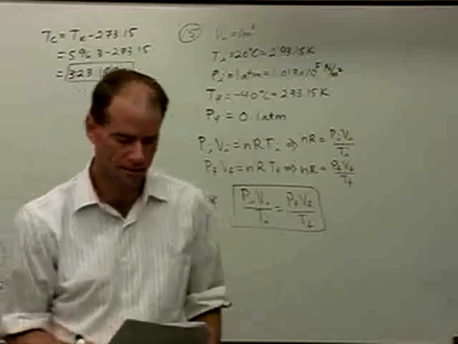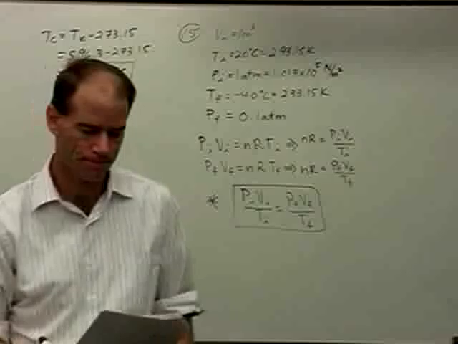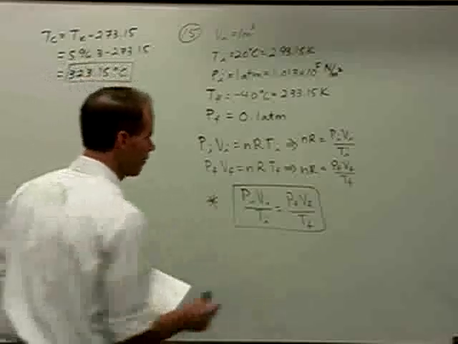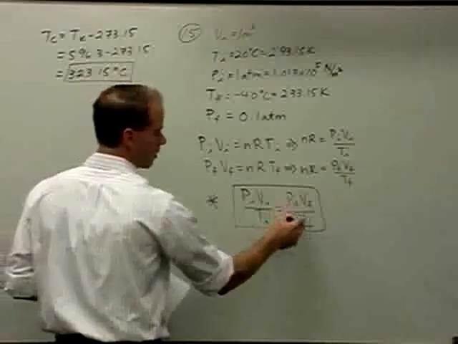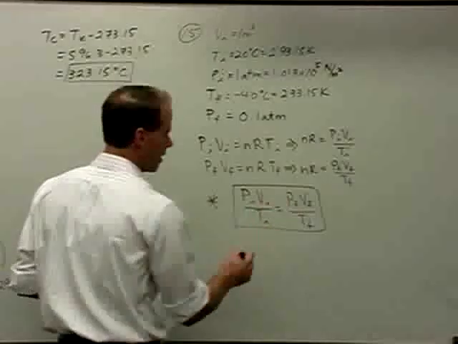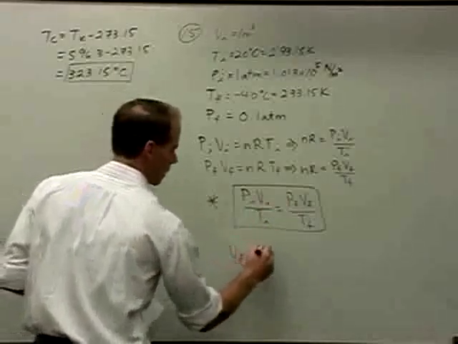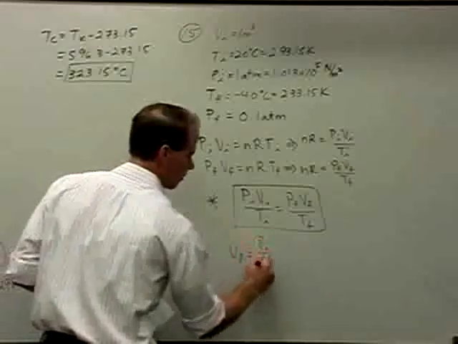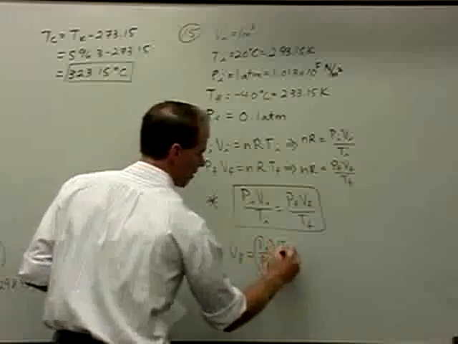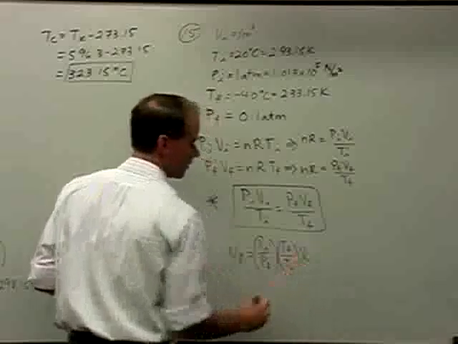So in this case, we want to find the final volume. Let's solve this for the final volume. Let's multiply both sides by T final and divide both sides by pressure final. So V final will equal P initial over P final times temperature final over temperature initial times volume initial.